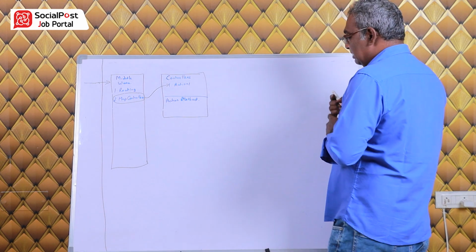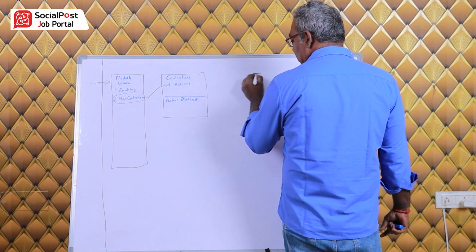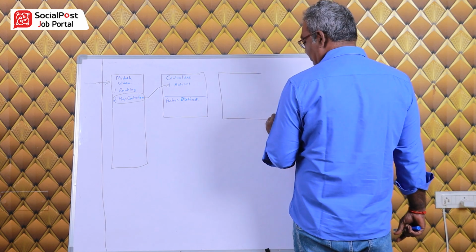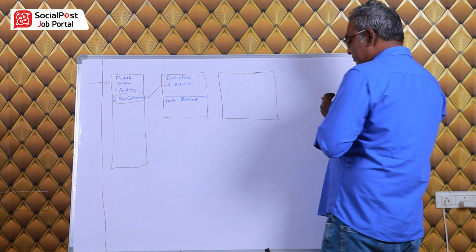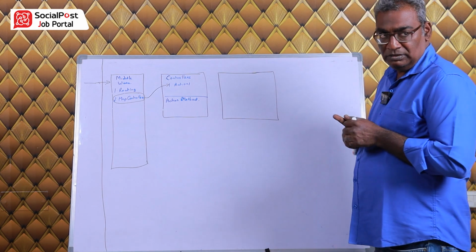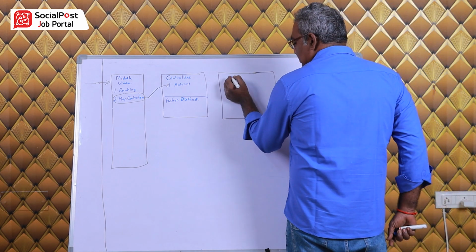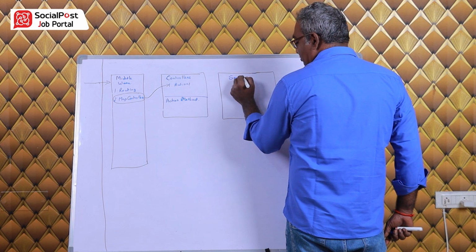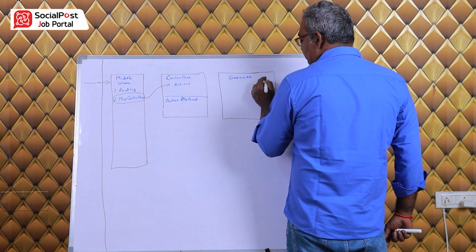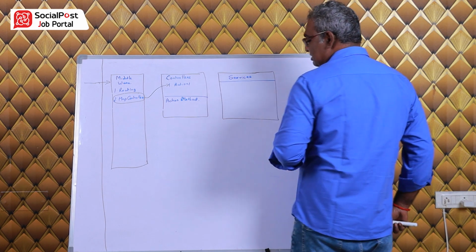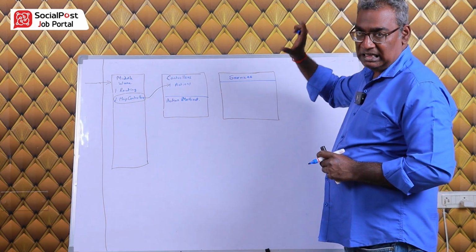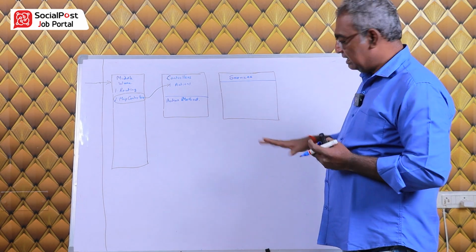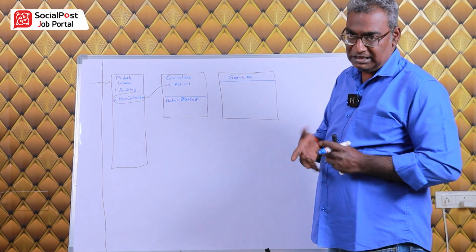Here I have one more layer called the service layer. What concept are we going to implement in the service layer? Here the services are always classes. If anything is a class, you need to create an object.